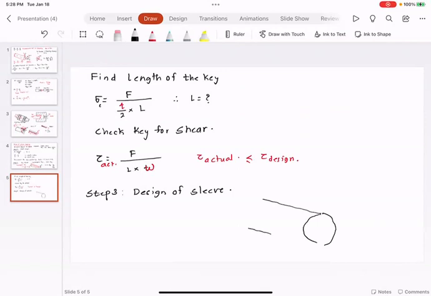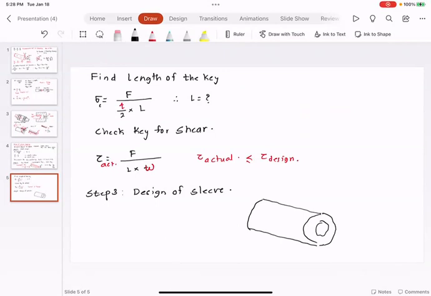And please understand that sometimes the design process that I would discuss here may be slightly different than the process discussed in the textbook, because there are different ways to design the same thing. But at the end of the day, what we want to make sure is that our design is safe. Our design performs the function that is intended.